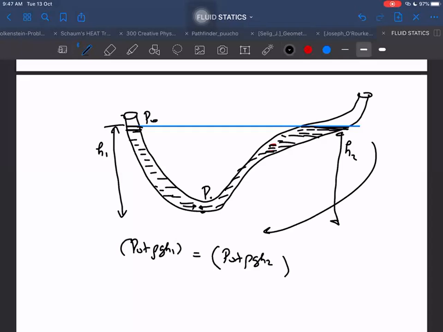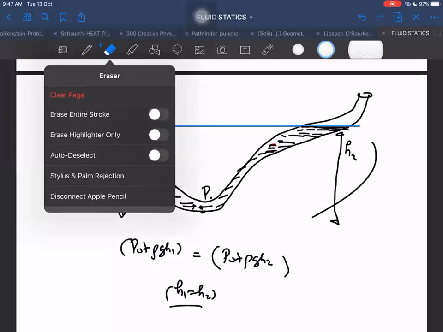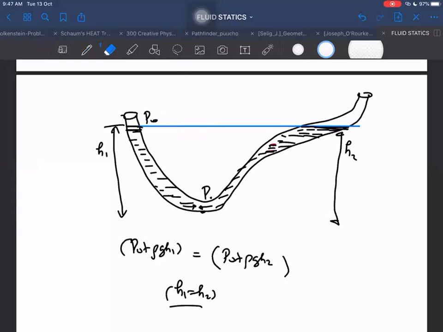So these two will be equal, and we get H1 equal to H2. Understood? So these heights H1 and H2 will be the same if it is the same liquid. If it is a different liquid, rho 1 on one side, rho 2 on the other side, then the formula will become rho 1 H1 is equal to rho 2 H2.